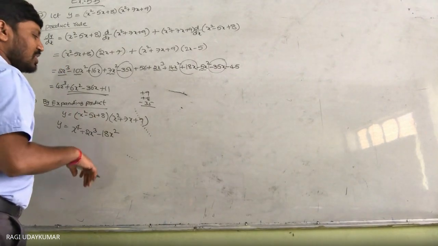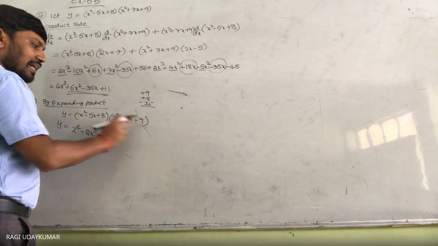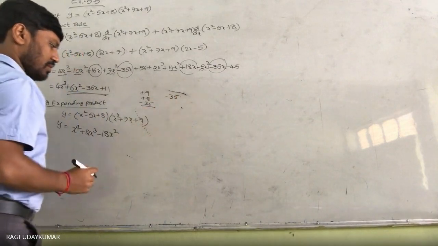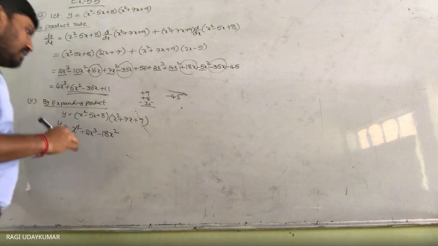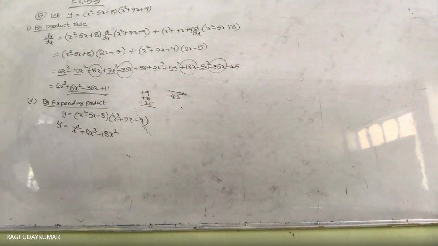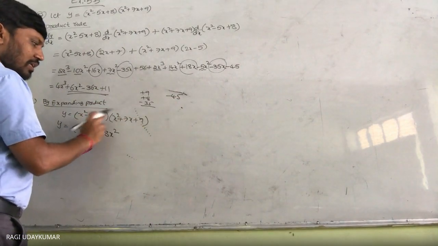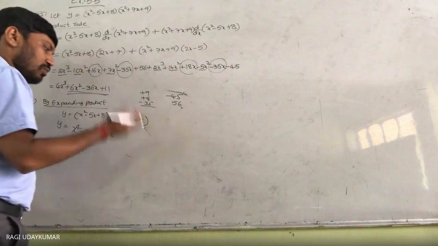Next constant term, x term, sorry. X term, how do you get here? This one with the constant, minus 45. X term whenever you take here minus 45, because 9 with this one and this one with this, 7 8 56, 56 still more x you will get.